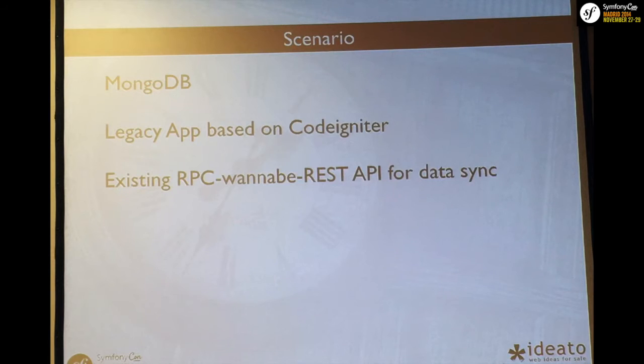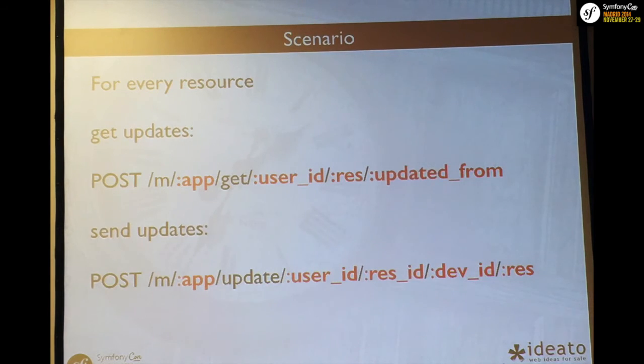And there was an existing API for data synchronization, RPC, but I'd really like it to be REST, please love me, style. They were actually quite simple. For every resource we had two endpoints, one for getting updates from the server, where you need to specify the application string identifier, the user ID, because all the data are related to a single user.